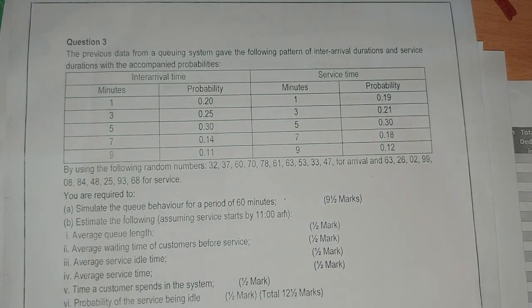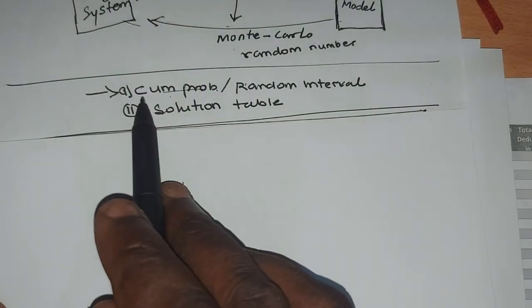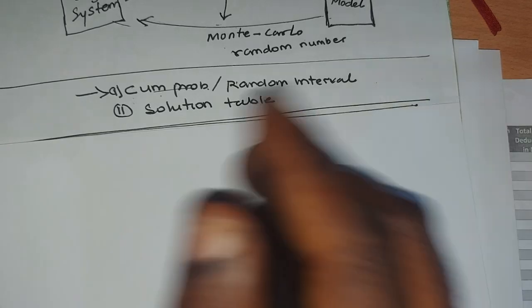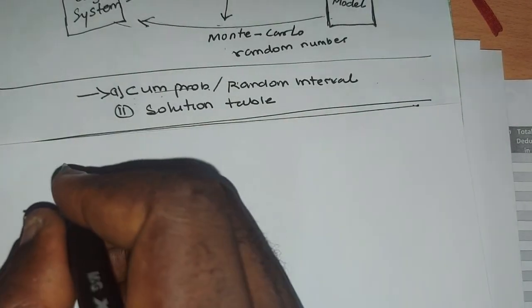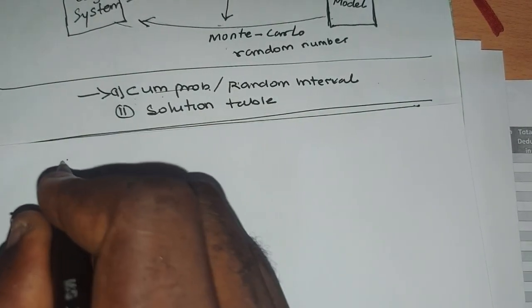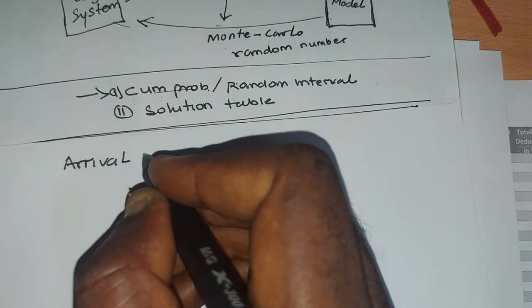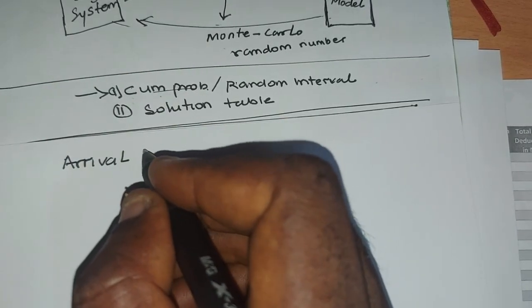The first thing to do is to determine the cumulative probability and the random interval for each event, starting with the arrival time.